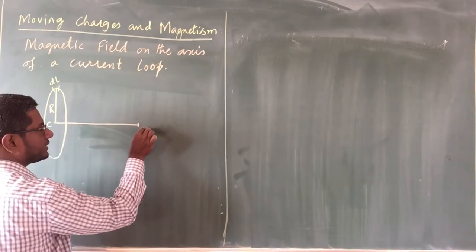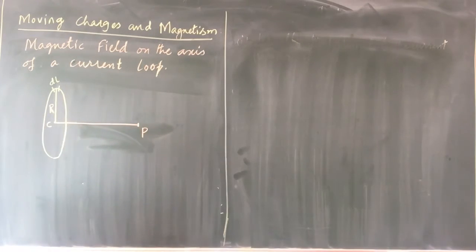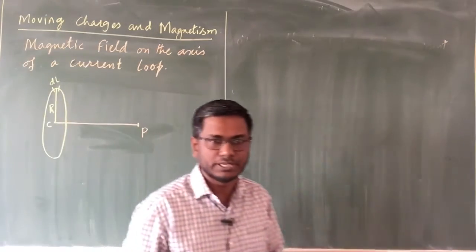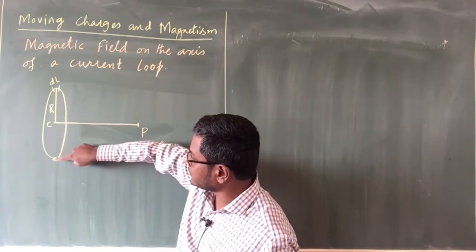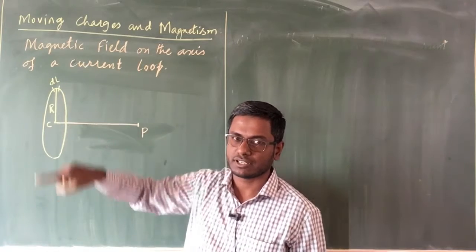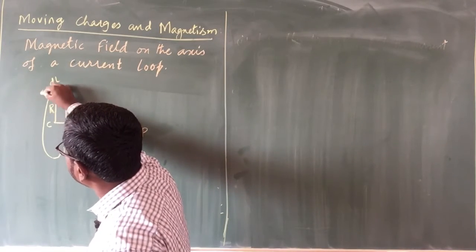On the axis of this circular current loop is where we are going to calculate our magnetic field, that is going to be our point P. Now from this dl, if you look carefully, this circle is like a three-dimensional circle, coming out of the board, then going into the board. We have the current flowing in this direction.